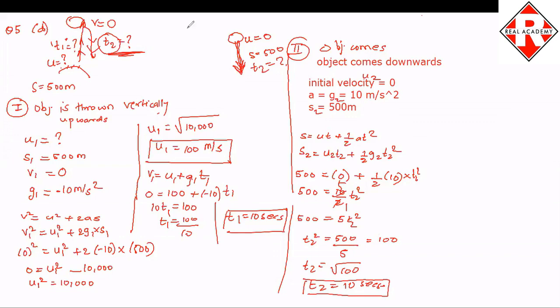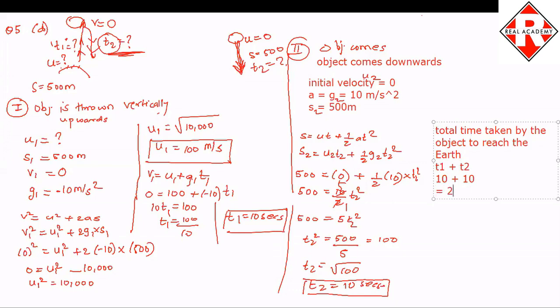So in that case, total time taken by the object to reach the earth will be T1 plus T2, that is 10 plus 10, equals 20 seconds.